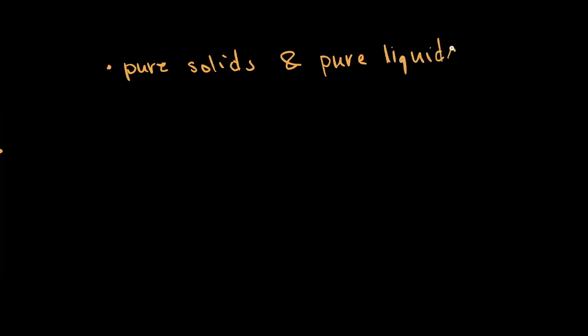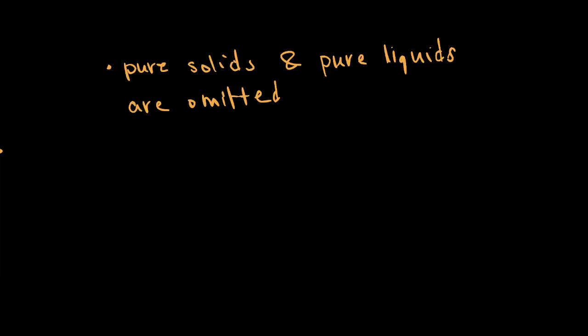But some things to keep in mind is that when we are doing this, pure solids and pure liquids are going to be omitted. These are left out. So if we have a product or a reactant that is a solid or a liquid in our balanced chemical equation, that is not going to be included in our equilibrium expression.